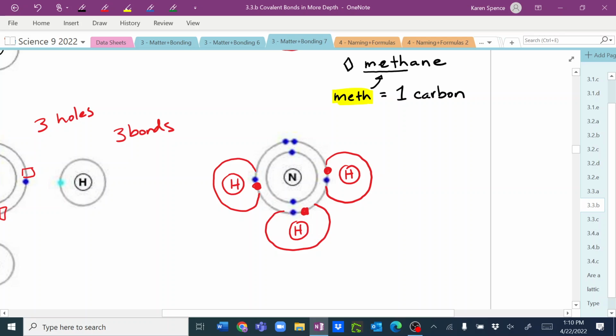How would we draw the structural formula for that, the one with the lines in it? We put an H and then a line and then an N and then a line and then an H. And then down at the bottom we would have another line and then an H.